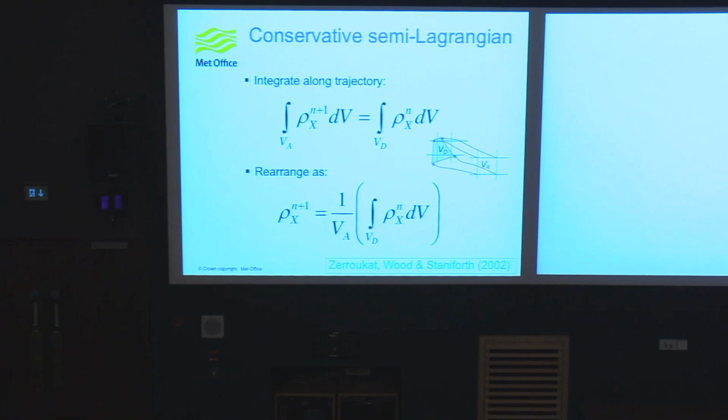But instead of transporting a single point back and evaluating the point values, we track back where a box, a volume, the arrival volume comes from, and we have this irregular volume, and then we have to do a remapping. So instead of interpolating to a point, we're remapping across a volume.